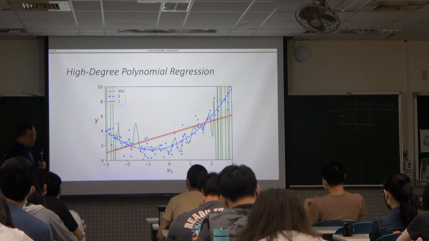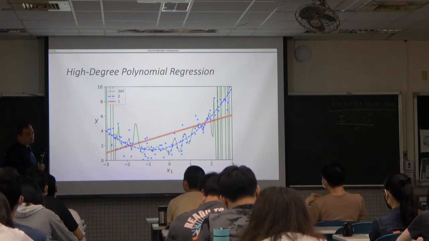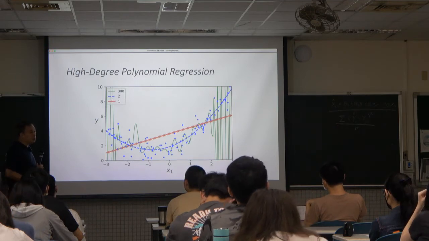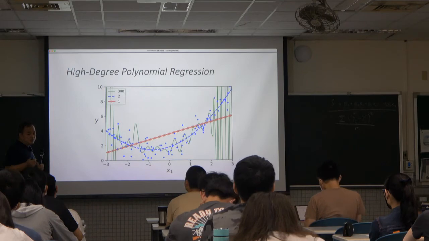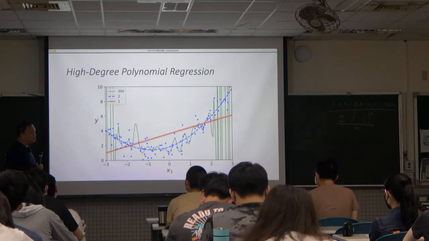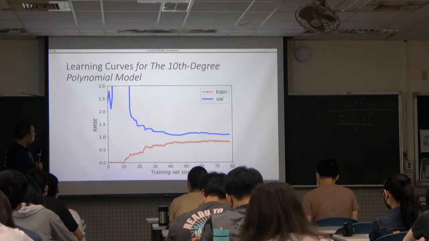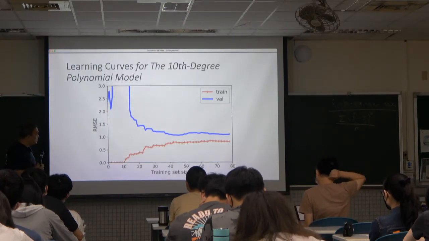But remember our data set was generated by a quadratic polynomial equation, so a degree of 10 is still too much. It's still overkill, so the result is still overfitting.